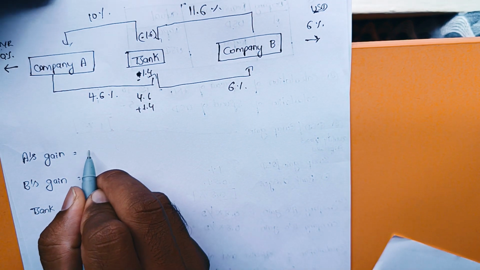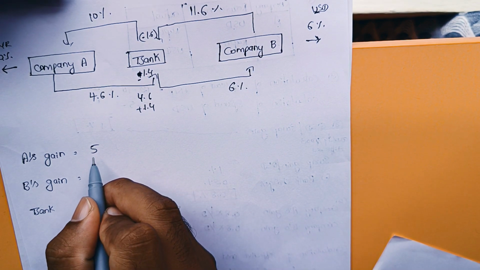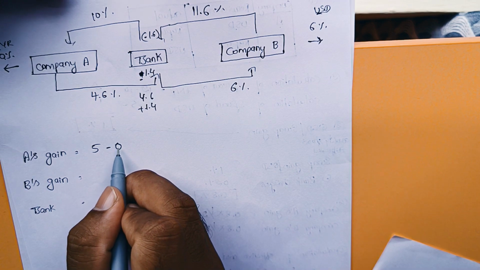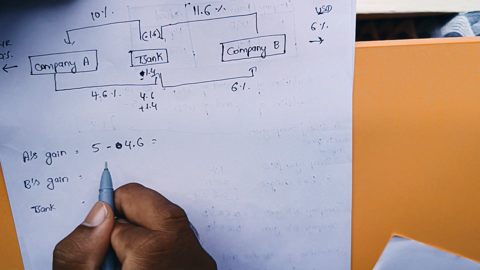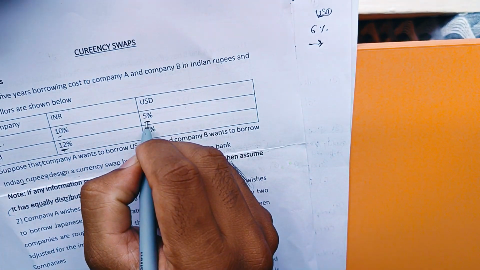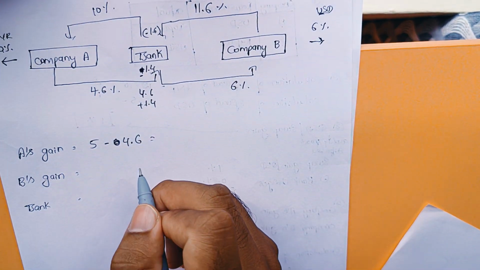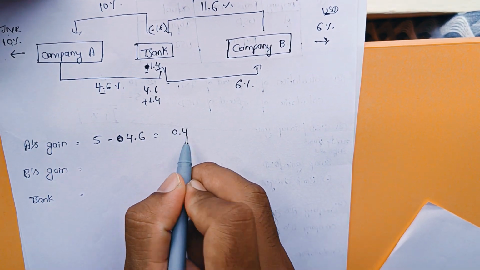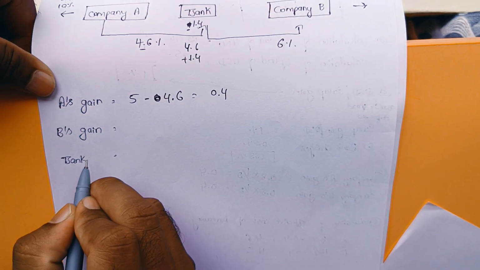Company A wanted US dollar; without the swap it could have paid 5%, but with the swap it's going to pay 4.6. It has taken an advantage of 0.4.